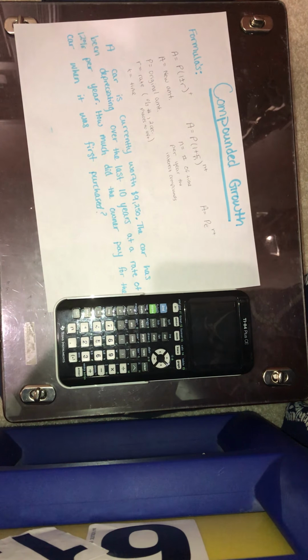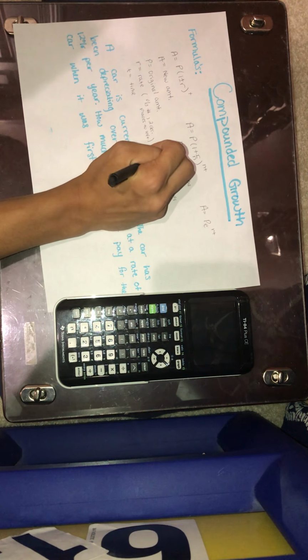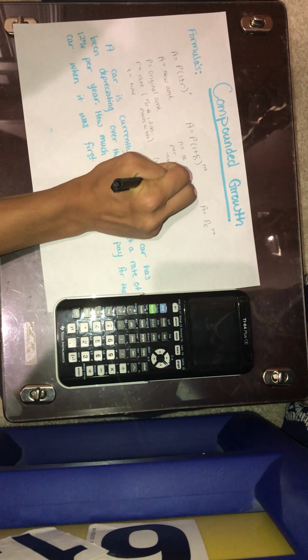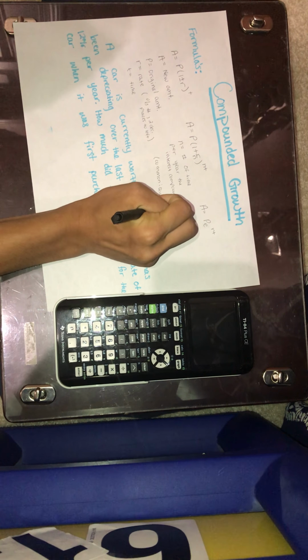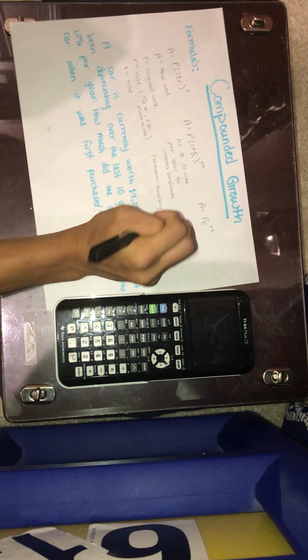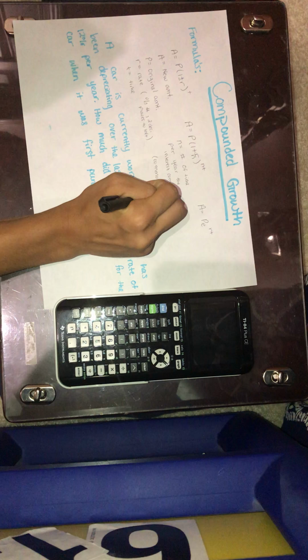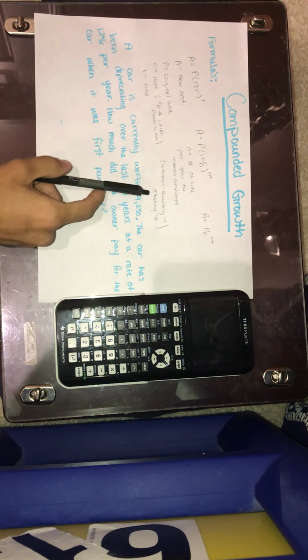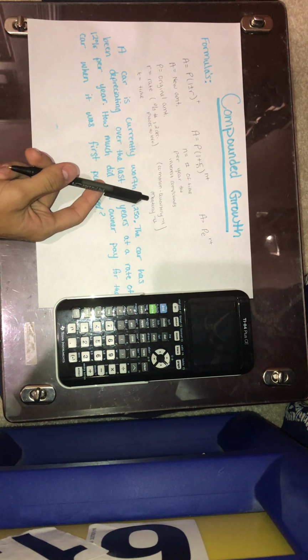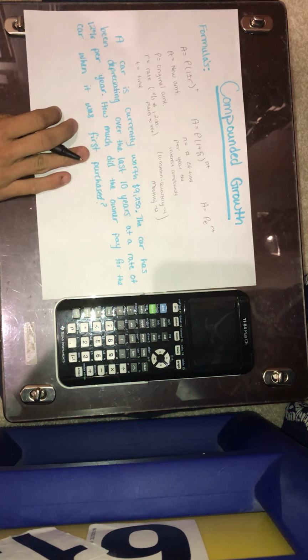This will usually be pretty obvious because it'll literally say compounded so-and-so. Some of the most common ones that they say are quarterly, which means 4, and monthly, which means 12. It's not limited to these, but these are the ones that I found to be most common.